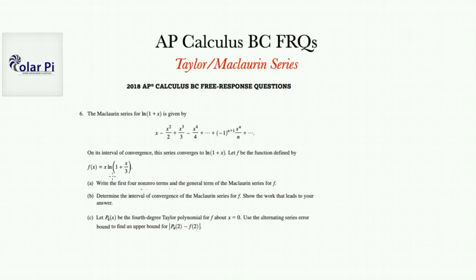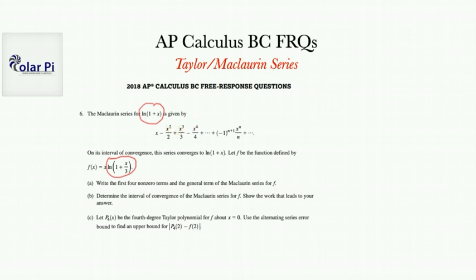Got it. So we see that first we should work on this. This is just modifying this, right? How are we modifying it? Well, in place of this x, we have to put an x over 3, meaning that we have to put an x over 3 everywhere we see an x, here, and here, and also in the general term, right?